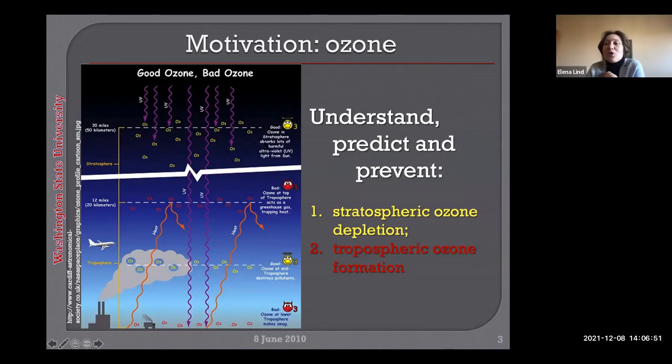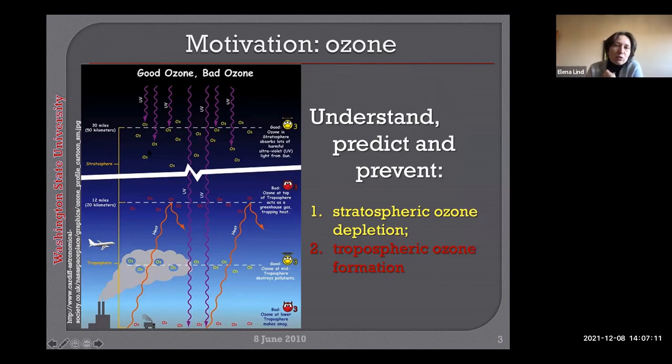So what is ozone? We all know there is ozone in the stratosphere that protects us from UV radiation. It's extremely valuable. If we removed that layer, nothing of a biological nature would survive on this planet. However, we also have ozone in the troposphere.